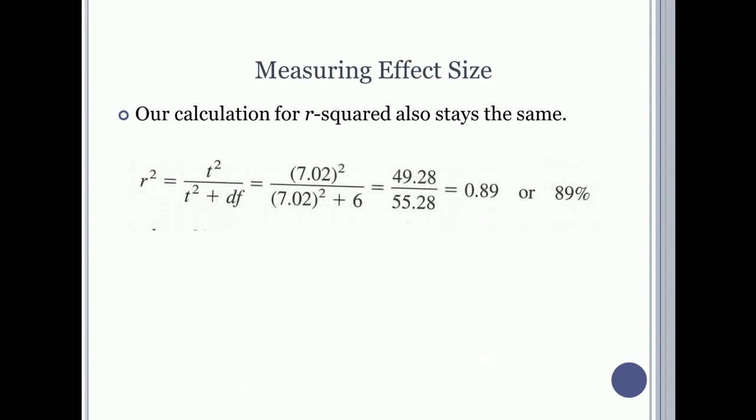Or you could say that 89% of the variance in the dependent variable is accounted for by the IV. So the IV being imagination therapy, and the DV is how long an individual is able to stand the phobic item. And this is actually a very large value of R-squared.